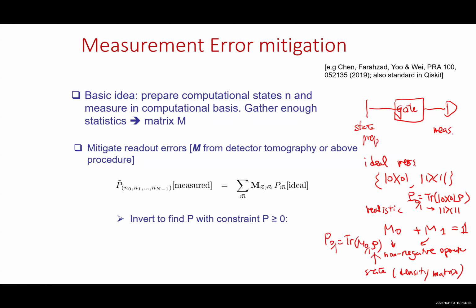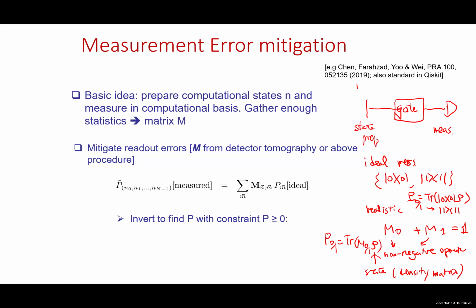So what you can do is, here we need to make a few assumptions. To calculate the readout, you would assume the gate is low error, and of course the state preparation is good. Then you can say I want to prepare 0 and see if it's 0 or 1.